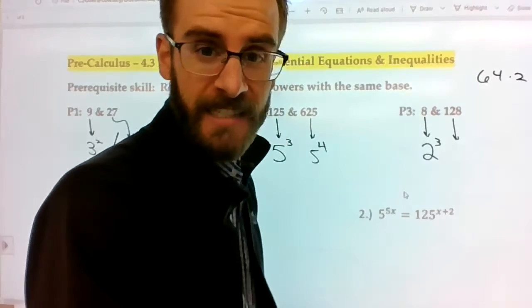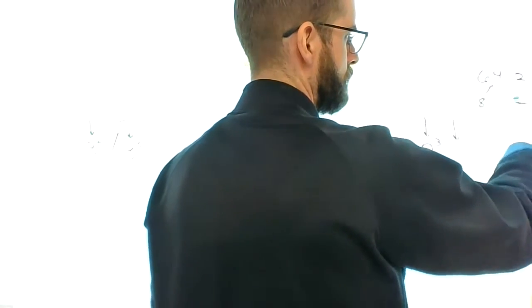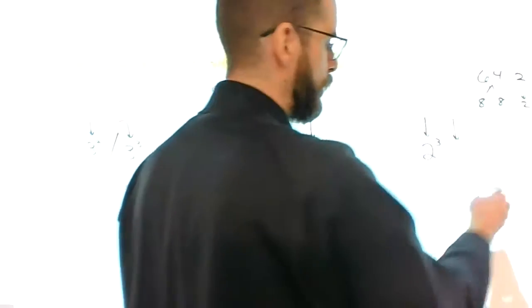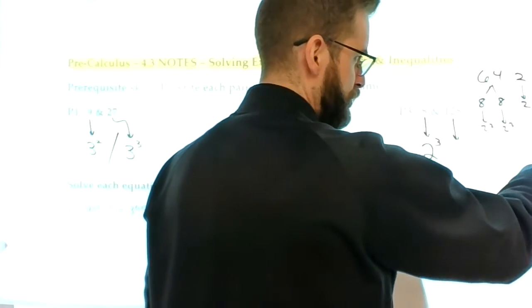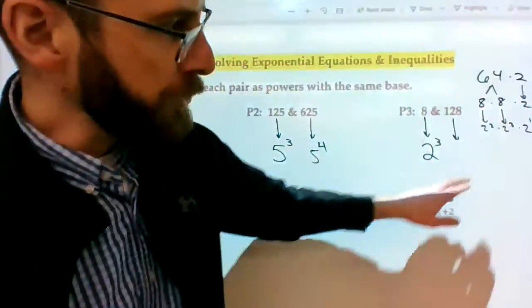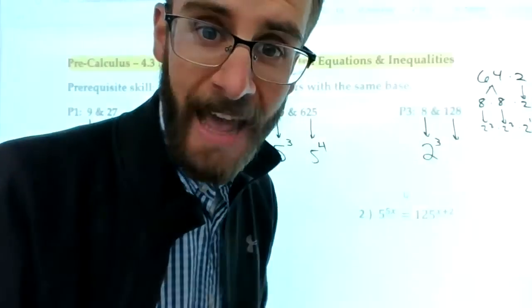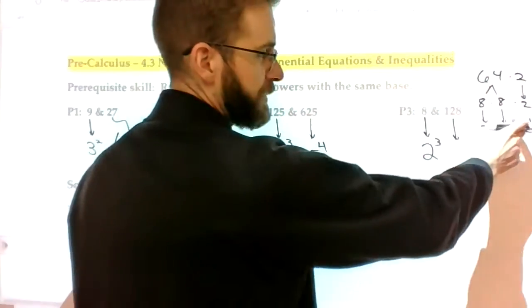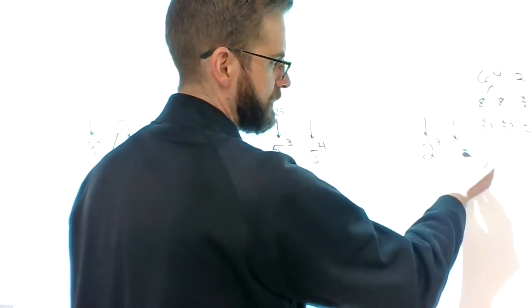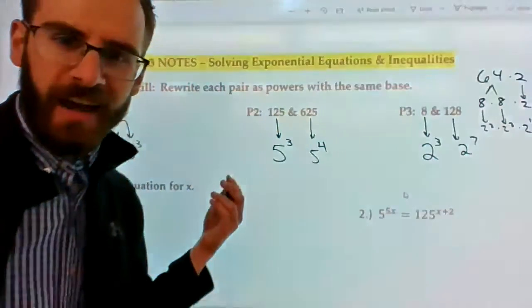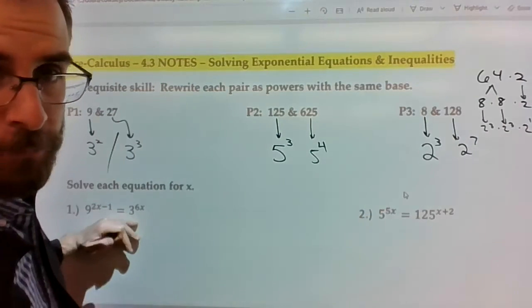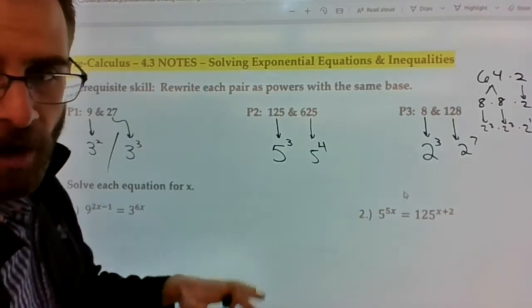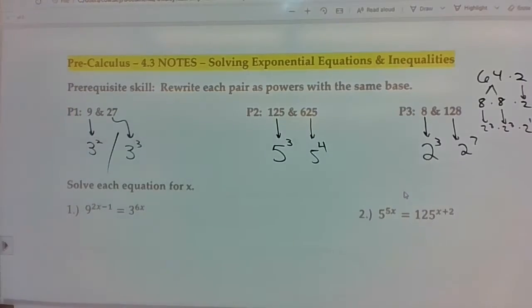And 64 is 8 times 8, which is 2 to the third power times 2 to the third power times 2 to the 1 power. If you're multiplying powers with the same base, you just add the exponents. 3 plus 3 plus 1 is 7. Okay, so make sure you guys understand how I got that, because it's going to be a pretty significant skill required to have any success on this stuff.